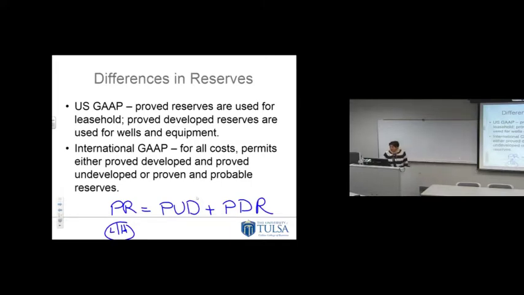However, wells and equipment, first of all, we're only going to use completed wells and equipment here. We're not going to use equipment in progress, or wells in progress. Wells and equipment, these are the wells we've already finished, and through those wells, we can only get to the proved developed reserves.